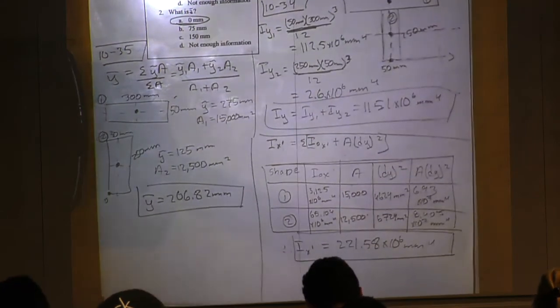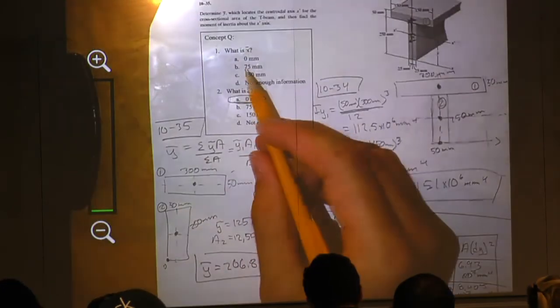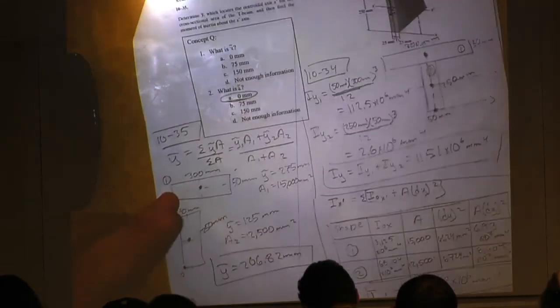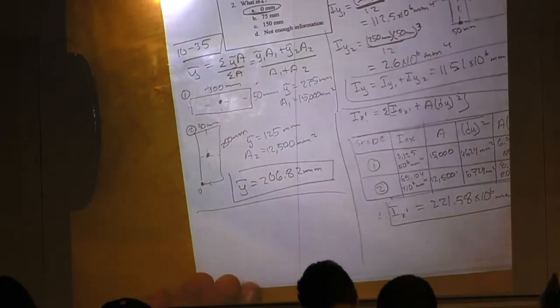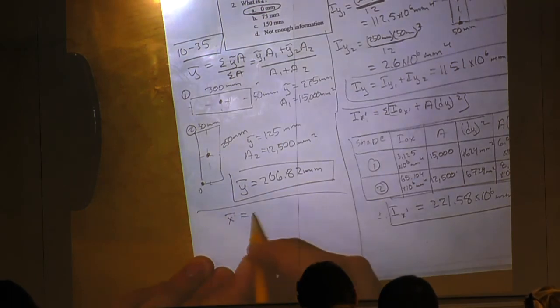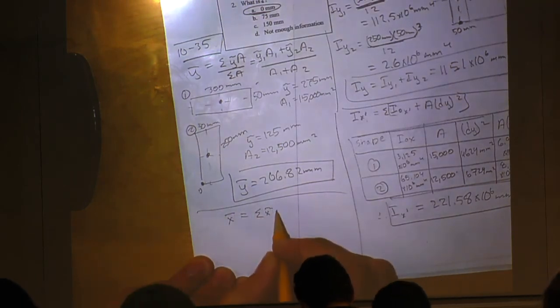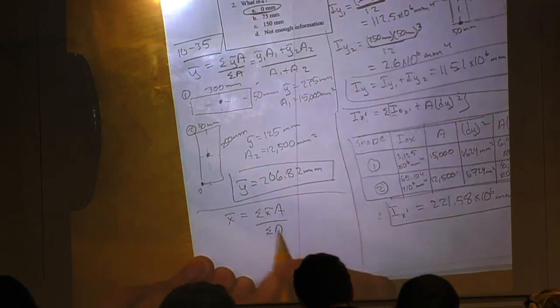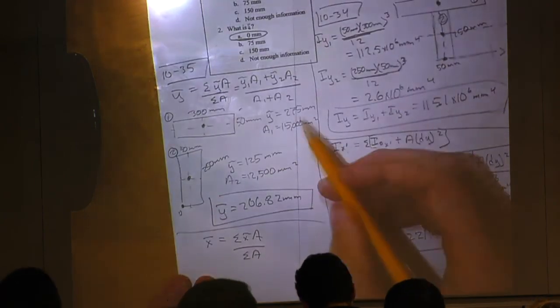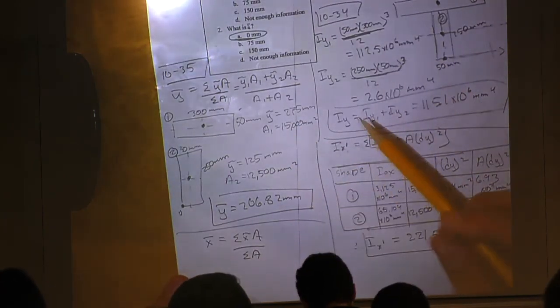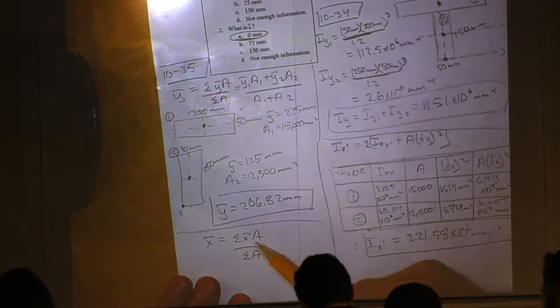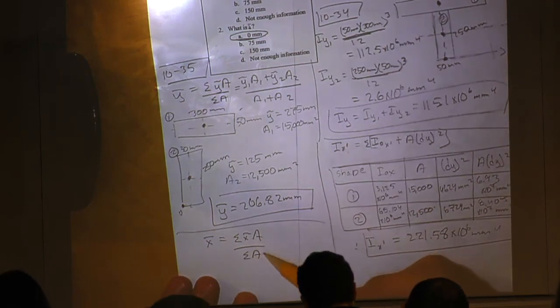All right, so that pretty much does it. So here we have what is x bar. So I can find x bar, just a little tidbit on the side. X bar we found earlier by this equation. We didn't really do it here, but we could find our little x centroids of our shapes, and then we already have our area, so we'd be able to find our x bar.